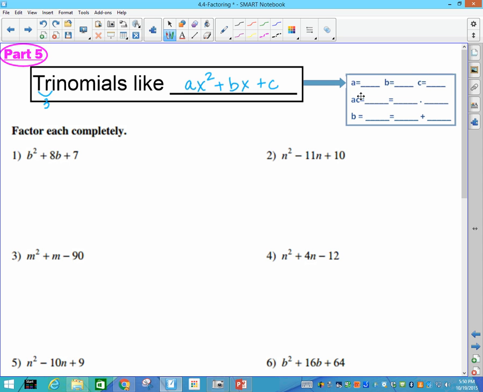Then you're going to multiply a times c, and we're going to write a number there, and I'm going to do some so you'll see. And then you're going to figure out what b is and write that number there. Then hopefully you will see according to this chart, and it'll be easy when I do some problems. I'm looking for two numbers that multiply together to give me AC, but add together to give me B. Okay, so let's go do some examples like that.